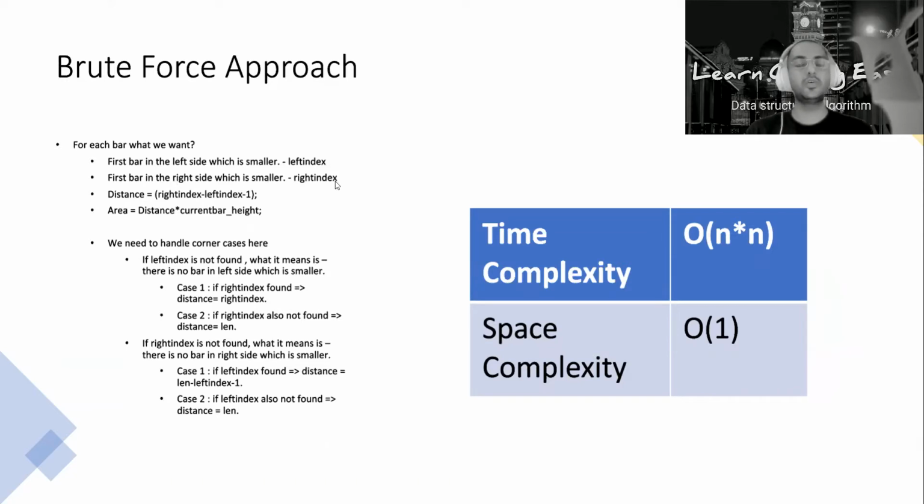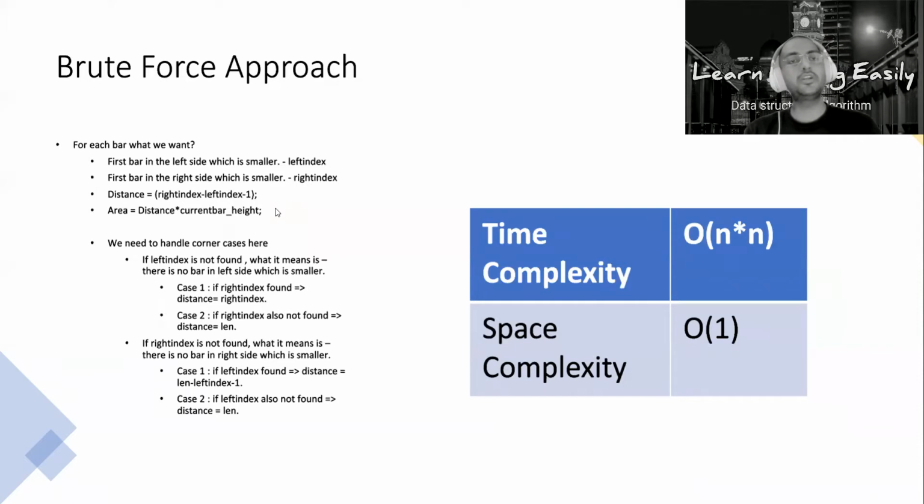Let's say this is known as the right index. Now we will calculate the width of the rectangle, which will be nothing but right index minus left index minus 1. Rectangle area, we know, is height multiplied with width. So height is nothing but the current bar height multiplied with the width. This will give you the area.